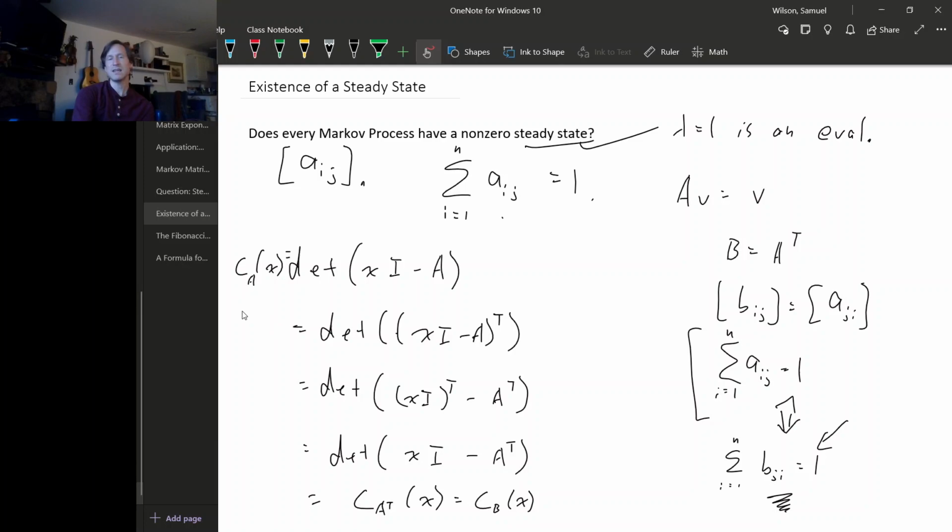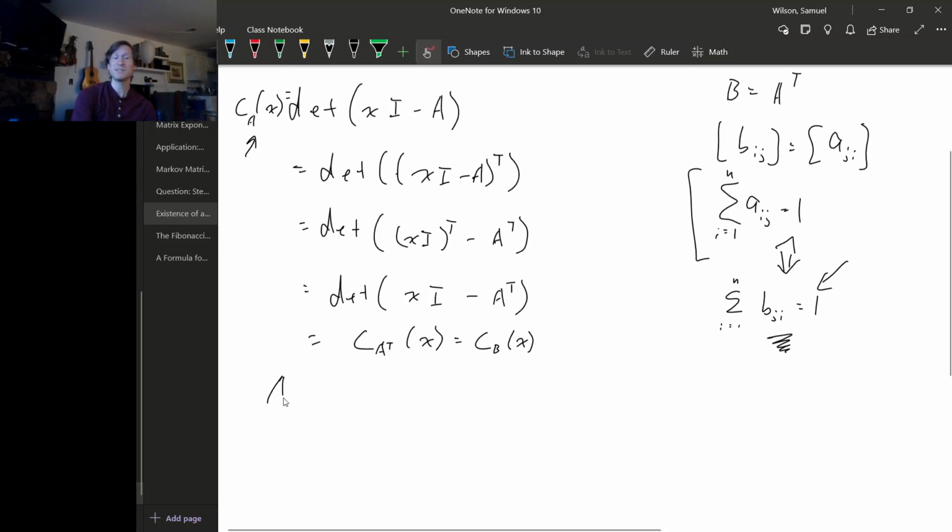So any root or any zero of the characteristic polynomial for A will also be a root of the characteristic polynomial for B. So this means that A and B, and remember B is really A transpose, have the same eigenvalues.